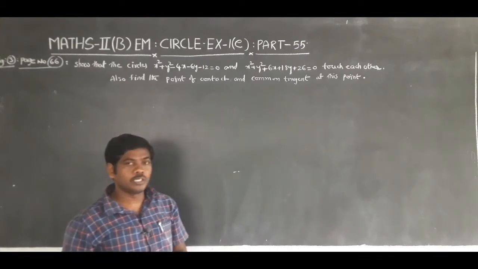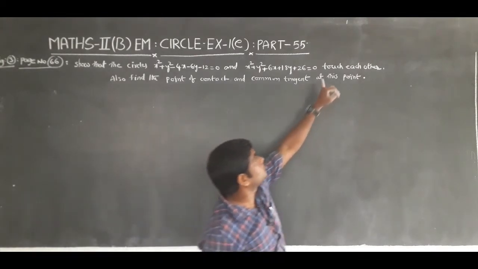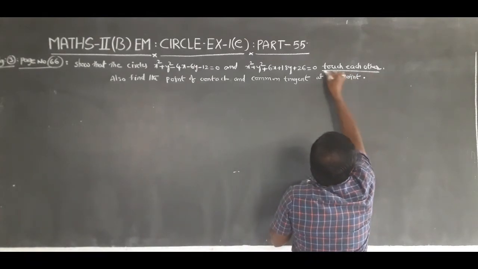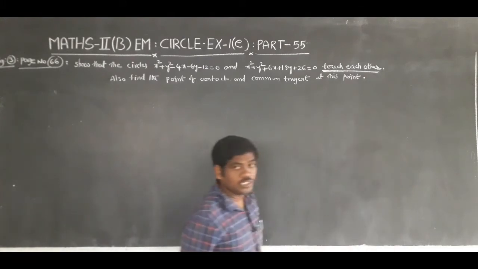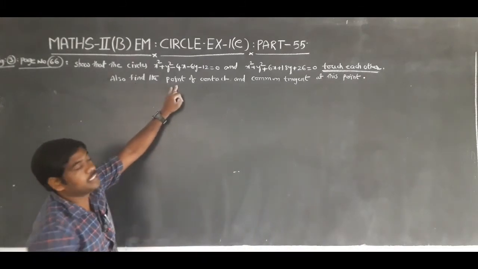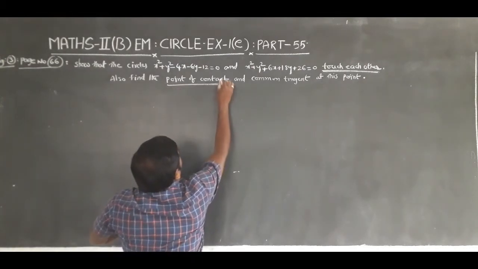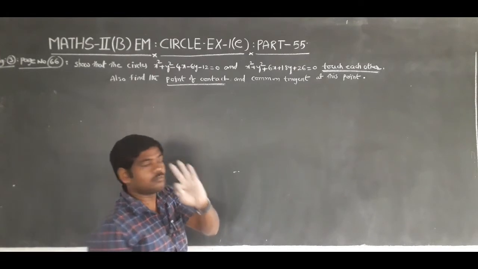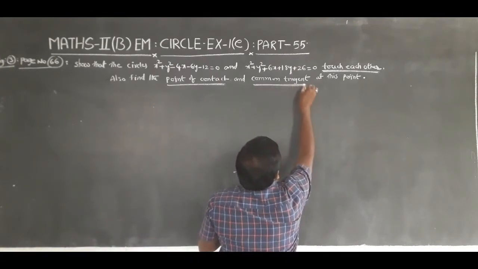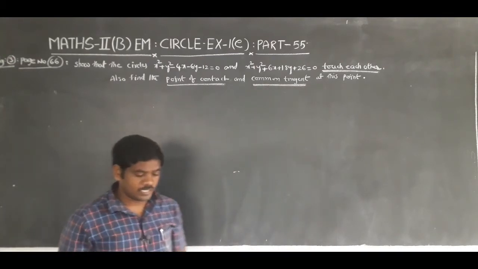Here we prove that totally 3 parts. First part is we prove that the given two circles touch each other. Second part is find the point of contact. Third one is the equation of the common tangent at this point of contact.